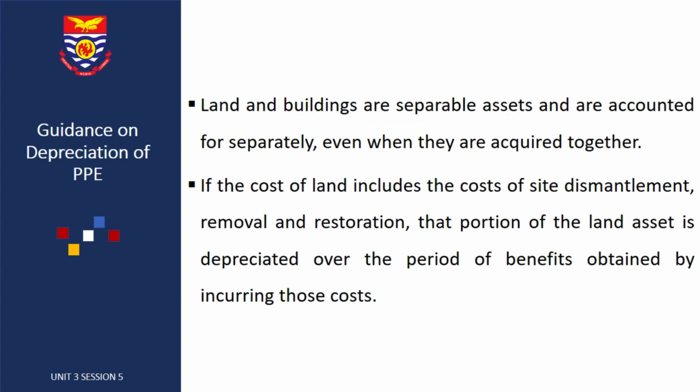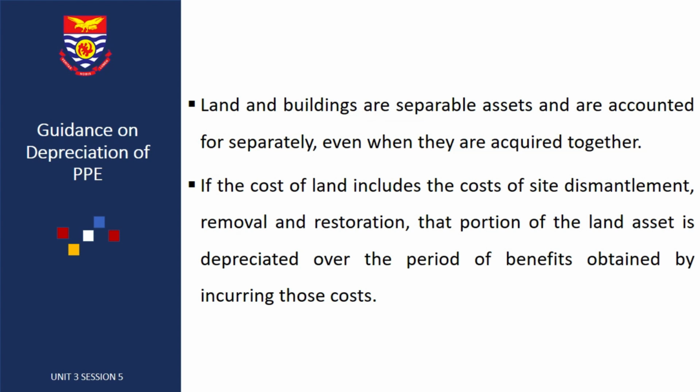Now, if the cost of land includes the cost of site dismantlement, removal, and restoration, that portion of the land asset is depreciated over the period of benefit obtained by incurring those costs. So we are looking at other components.